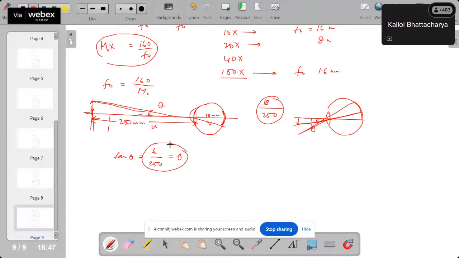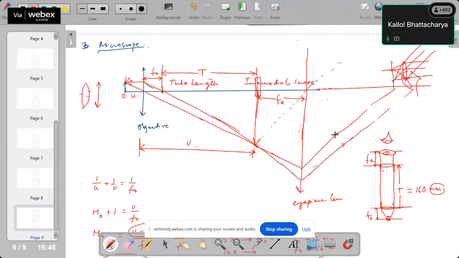Now, when we are visualizing through a lens, then what happens? This angle should increase. Of course, this angle should increase, otherwise you won't have a magnified image. So in the case of a microscope, let us find the angle at which the extremity of the object subtends an angle theta dash, let's say, to the eye.